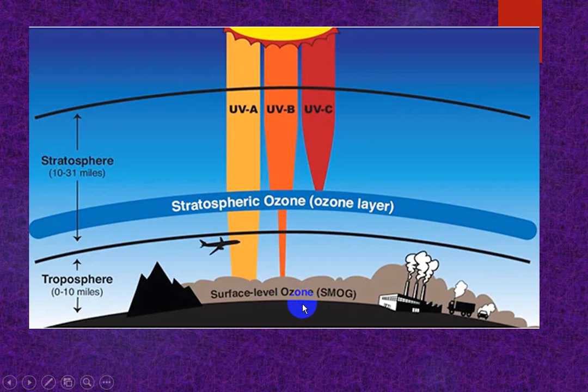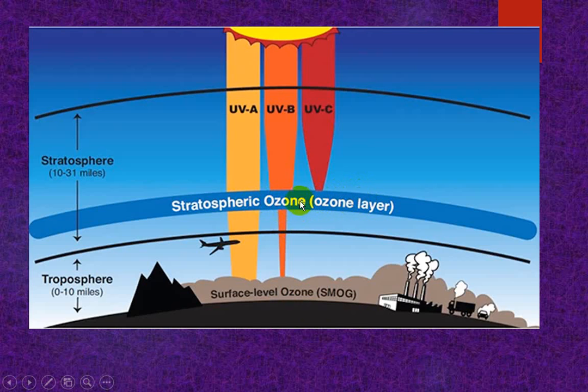When this gas from the refrigerator or air conditioner comes up to the ozone layer in the stratosphere, it breaks down the ozone, the O3. It breaks down the ozone layer.